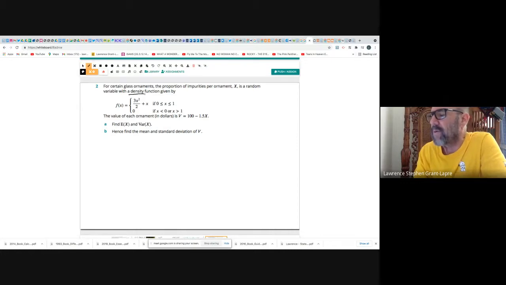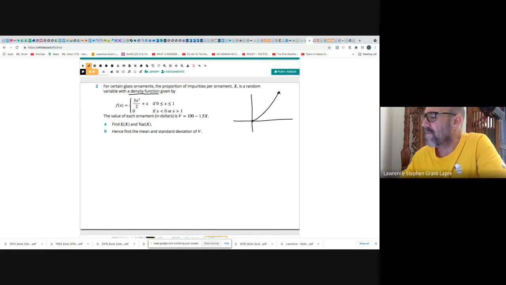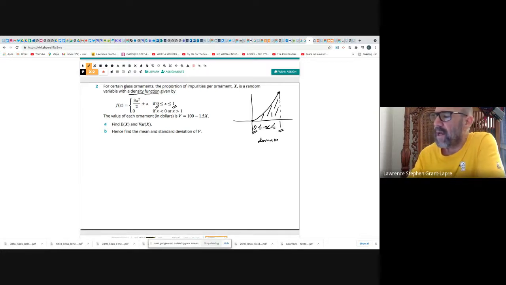What you know about probability density functions is that the area under the curve will be 1. Now this is from 0 to 1, that's our domain for x, so x is between 0 and 1.